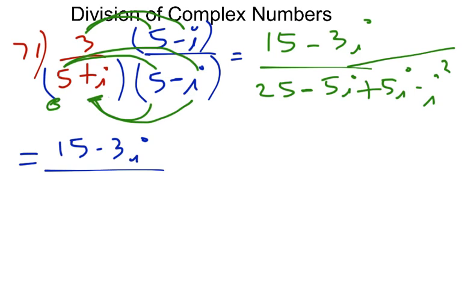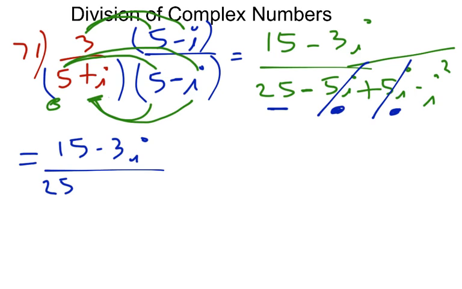I need to combine like terms if I can. I have the 25. Can't combine it with anything else, so it stays 25. I have negative 5i plus 5i, which is 0i, and they will cancel out.